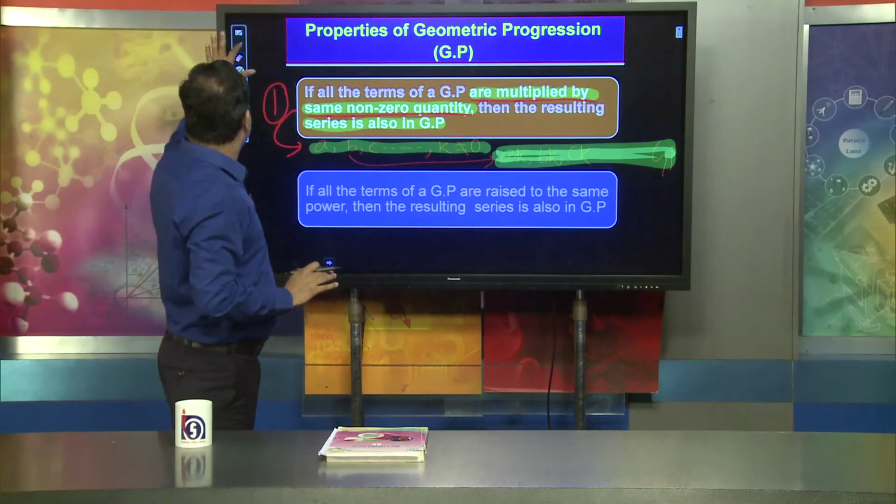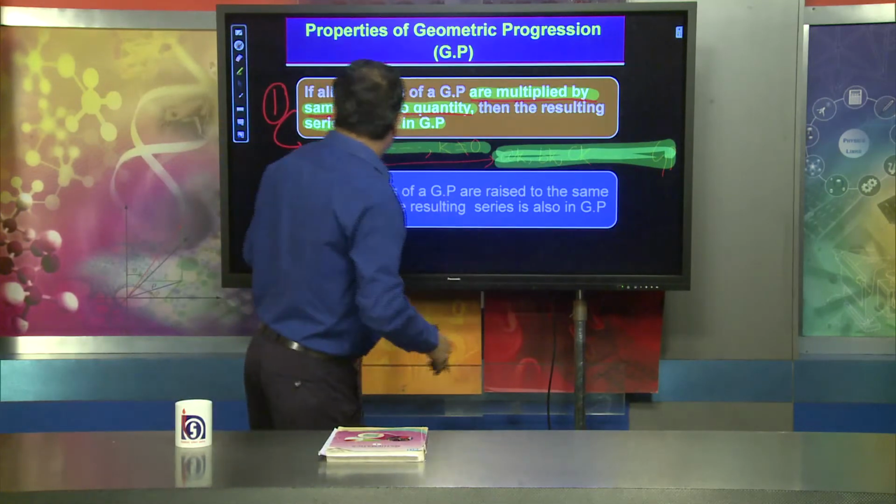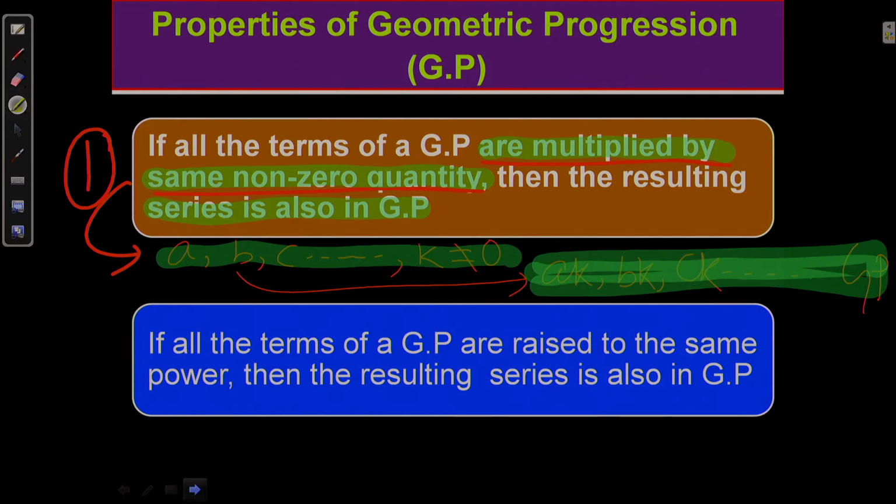Let us observe the second property. If all the terms of a geometric progression are raised to the same power, here the key point is the same power. Suppose A, B, C, D dot dot dot is a geometric progression.